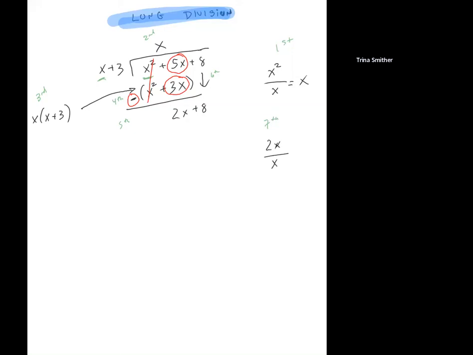We're going to divide it by x. Notice that we're always dividing by that. What do we get? What's 2x divided by x? 2. Very good. It's a positive 2, so that goes up here.